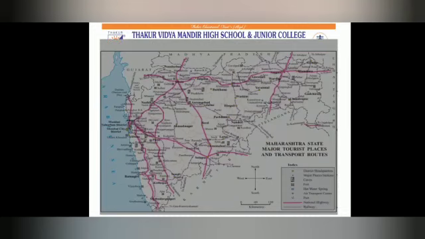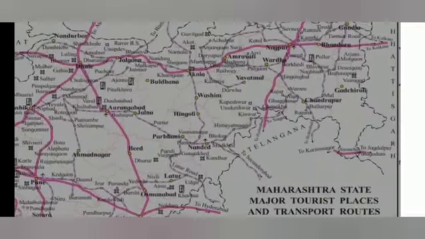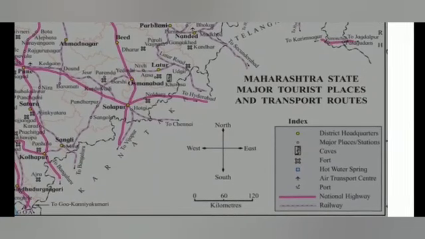This is a map of Maharashtra. Here, major tourist places and transport routes are shown. Below in the corner, they have shown the directions, and below that, they have also shown the area, how much area is occupied. You can see the index clearly.